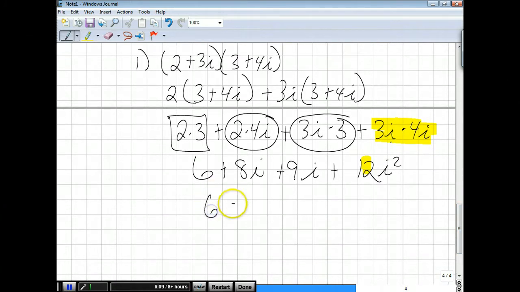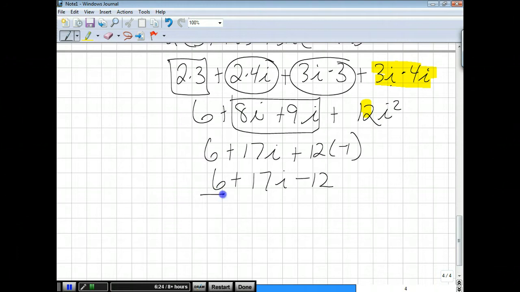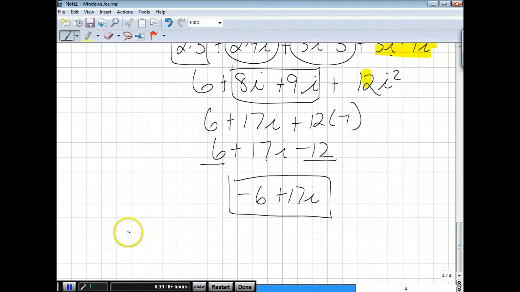So I have 6 plus, and I can combine these, 17i plus 12 times negative 1, which gives me negative 12. And I can combine the 6 and the negative 12 because they're both real numbers. So it gives me negative 6 plus 17i. Okay? And that is the product of the two complex numbers.